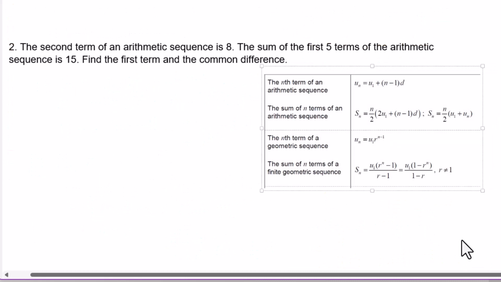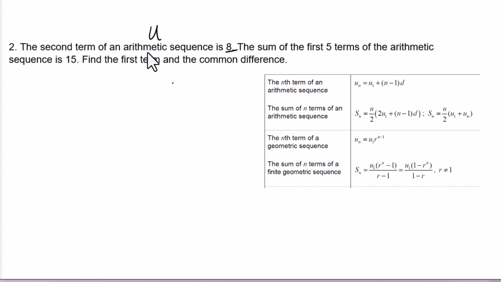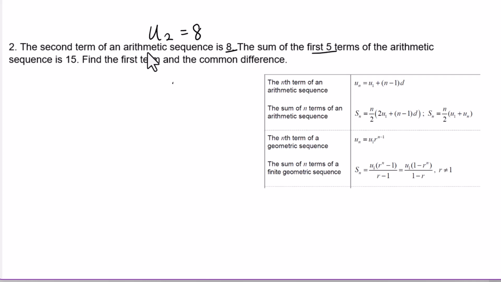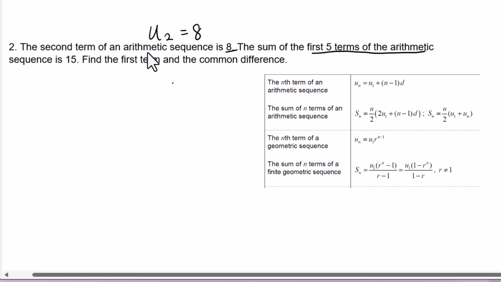Let's go to question 2. The second term of an arithmetic sequence is 8. U sub 2 equals 8. The sum of the first five terms of the arithmetic sequence is 15. S sub 5 equals 15.